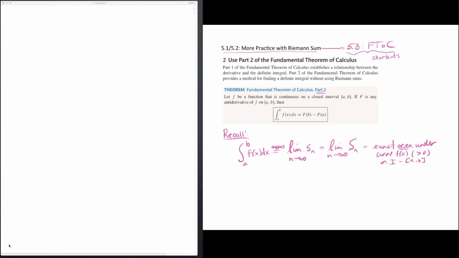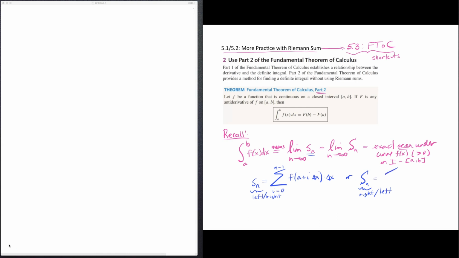Okay, and we know that little s sub n is the summation. Let's say that the functions are such that if you do the left endpoint approximation, that i will go from 0 to n minus 1, the function f of a plus i delta x multiplied by delta x, or an overestimate oftentimes found from the right endpoints or the left endpoint, depending on the nature of the function, right?